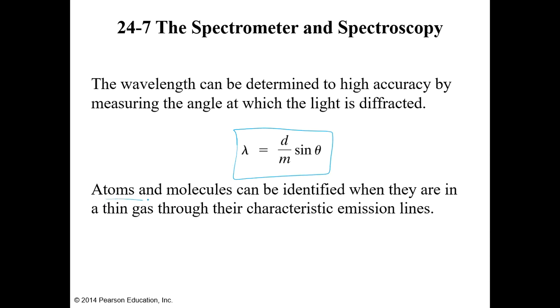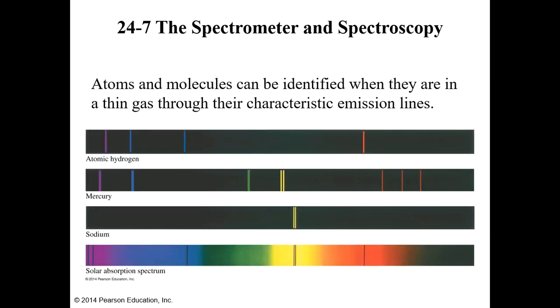Well, atoms and molecules can be identified by the types of light that they give off. For example, here at the top, you have what's called the spectrum of light emitted by hydrogen gas. So you take hydrogen atoms, you excite the electrons in the hydrogen atoms, and that process results in the release of photons or light.